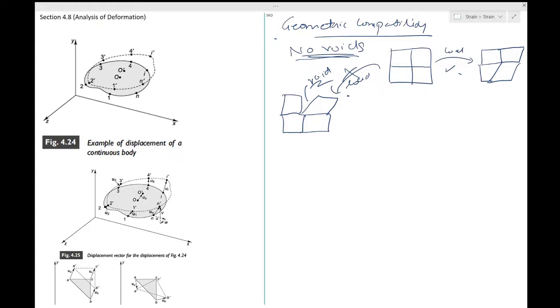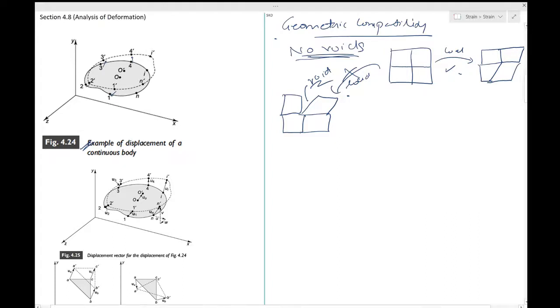Now let's begin our study by considering a continuous three-dimensional body. Here you have a continuous three-dimensional body, and in the figure it undergoes a displacement such that point 1 goes to 1 dash, 2 goes to 2 dash, 3 goes to 3 dash, 4 goes to 4 dash, the ith point goes to ith dash, and n goes to nth dash.